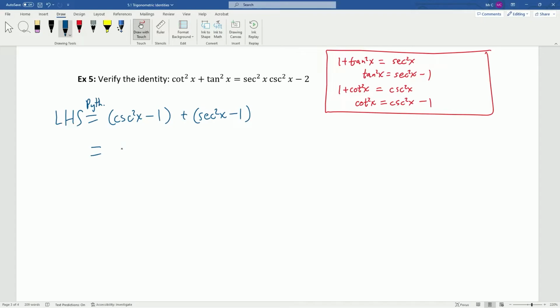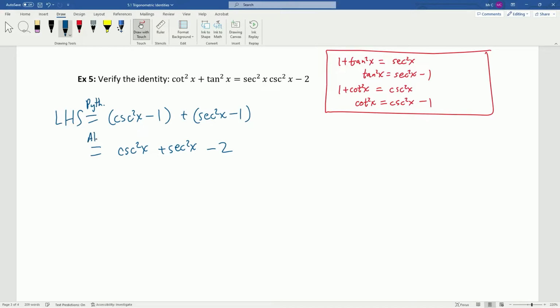And so this gives me cosecant squared of x plus secant squared of x minus 2. Now, it's pretty easy to look at this and think that you've done something wrong, to be honest, because it's like, hey, I should have secant squared of x times cosecant squared of x, but I've got cosecant squared of x plus secant squared of x. But that's okay. That just means we have more manipulation to do here.